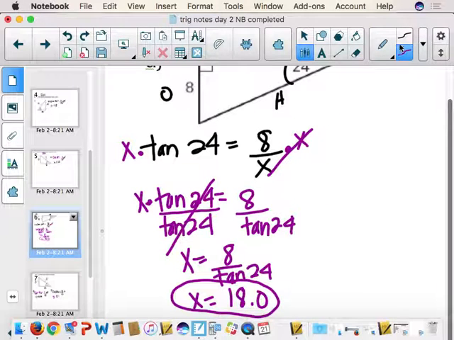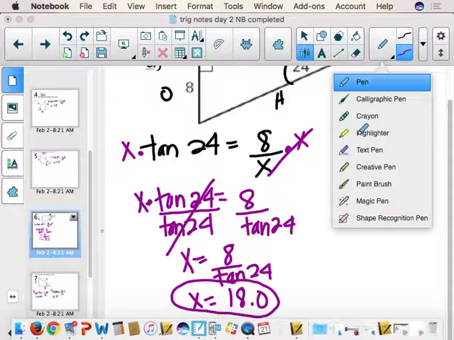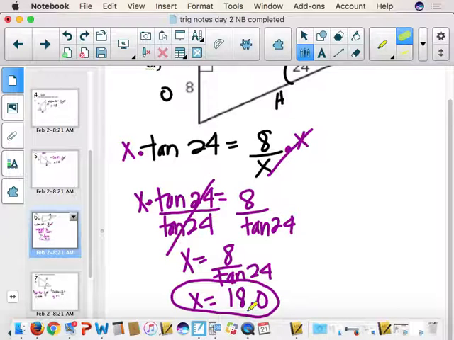Now, a moment ago I told you that I wanted to show you the two-step process to get X by itself. Here's the deal. We started with tangent of 24 equals 8 over X, and we typed into our calculator X equals 8 divided by tangent of 24.